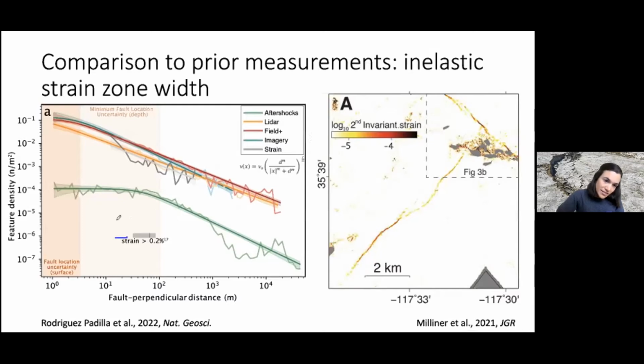That's shown by this small gray bar here. You can only look at the x-axis here, and you can treat the width of that bar as the width of the zone of inelasticity, right? So it goes from 30 to about 100 meters. And this map view is showing you what that strain looks like. You can see that strain is very localized in these thin areas and then decreases quickly with distance away from the fault.